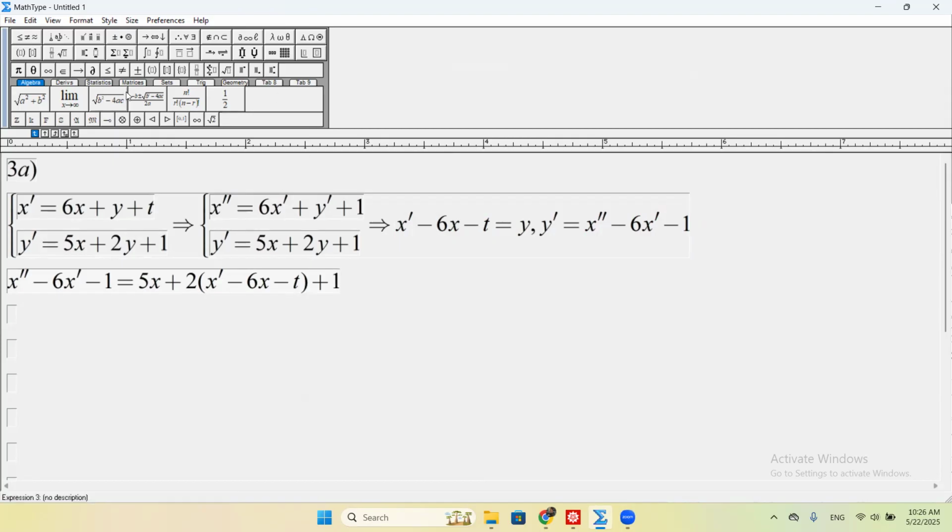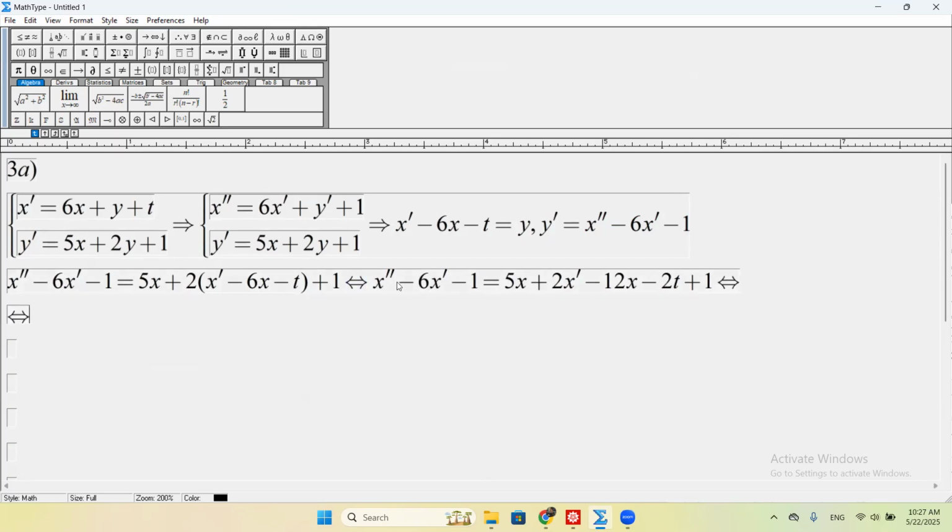Now let's expand brackets then. So expand brackets and simplify this equation. So 2x prime minus 12x minus 2t plus 1. Then moving x to the left side.